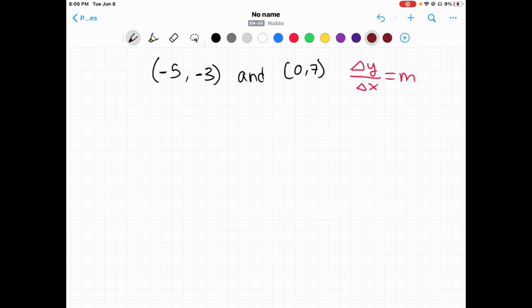So the change in y can also be represented as y2 minus y1, and the change in x can be represented as x2 minus x1.